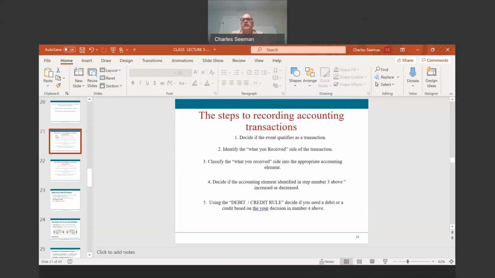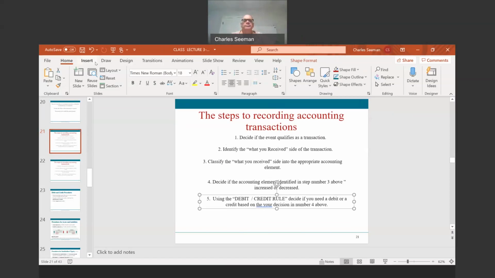Three, classify the what you receive side into the appropriate accounting element: assets, liabilities, stockholders' equity, revenues, or expenses. Four, decide if the accounting element identified in step 3 above increased or decreased. And that will determine, in the fifth step, the debit and credit rule: decide if you need a debit or credit based on your decision.